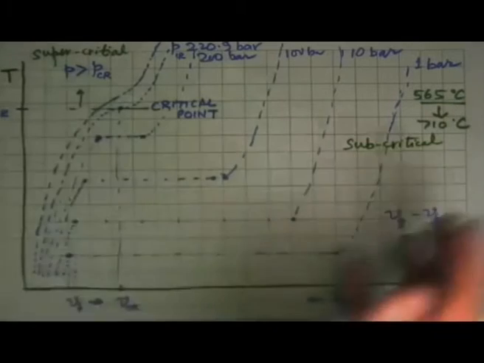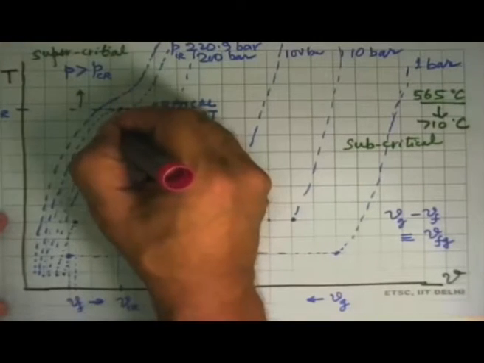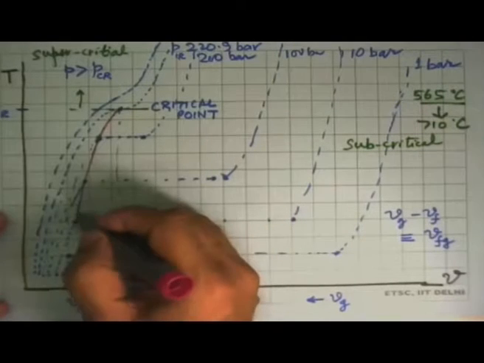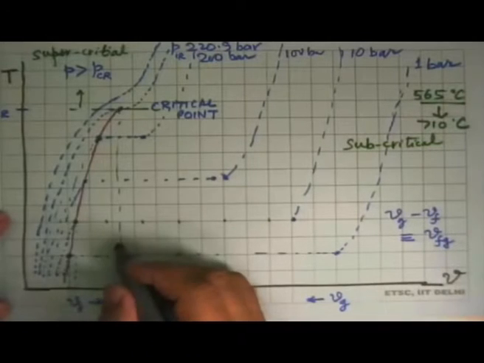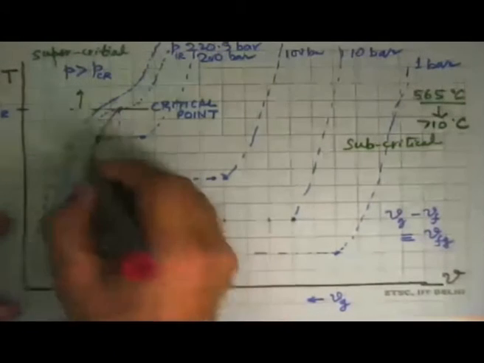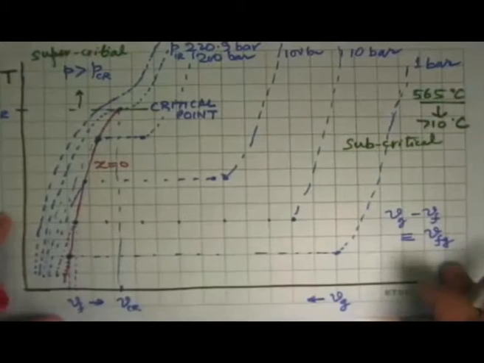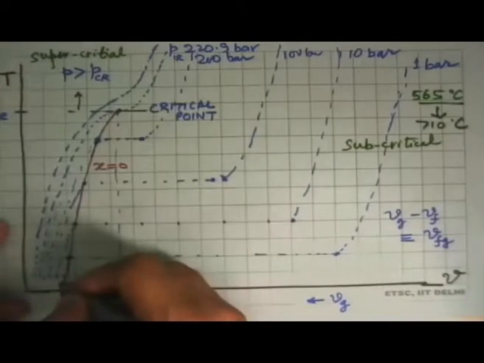So this is the type of picture we get, and now what we can do in this is that we join all these points. These are all saturated liquid states at different pressures. So we can say that these are all representing dryness fraction 0. Or this is a saturated liquid line.